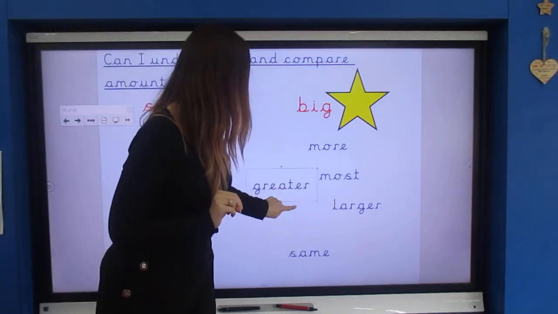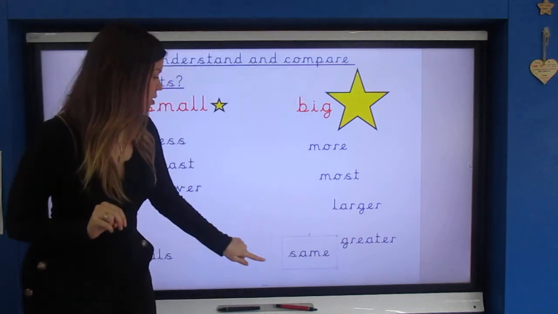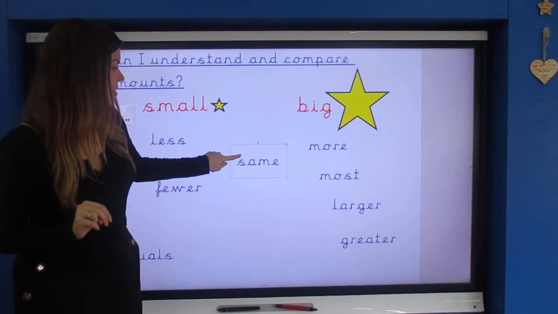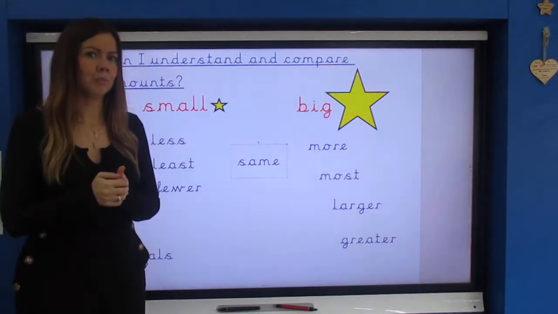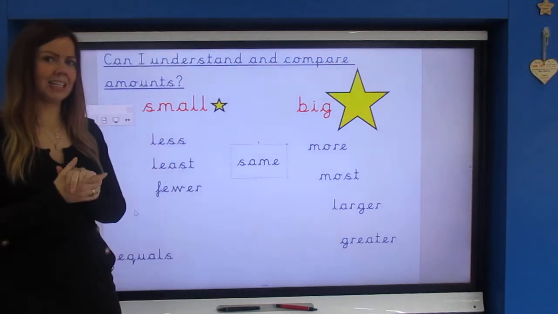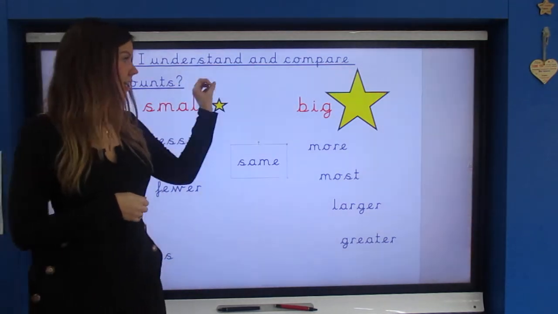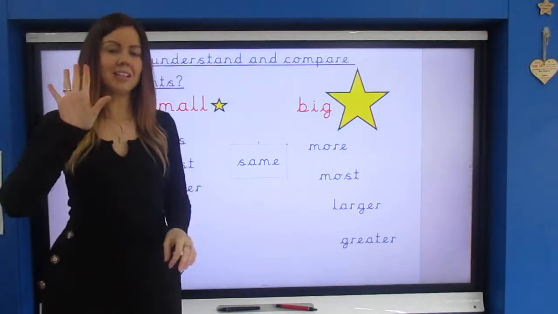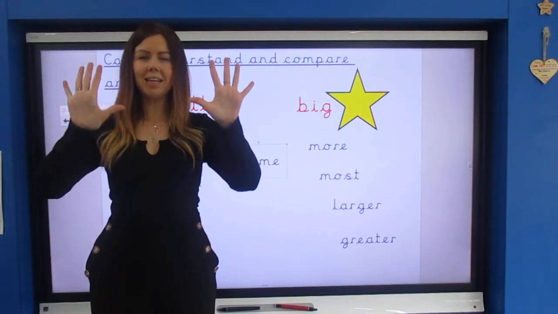Okay. And I've got 2 more left that might confuse you a little bit. This one here that says same. The same. Okay, can I put that in either of my sides? I can't. Because it doesn't mean smaller and it doesn't mean bigger. It means the 2 numbers are the same. So if I've got 5 sweets and 5 sweets, it means the same.